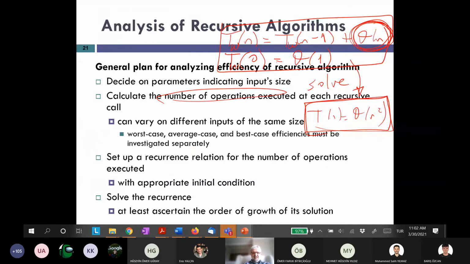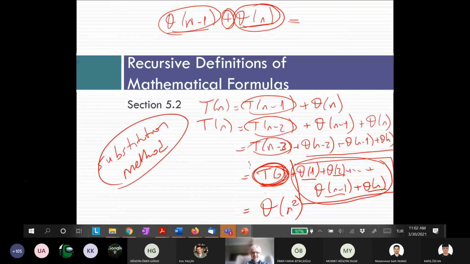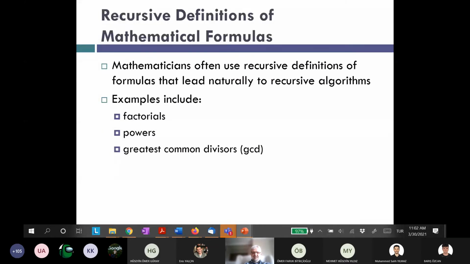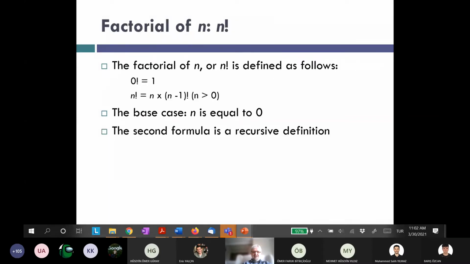Okay, these are simple examples. Let's go over a little more. These are what you probably know from other courses, how to calculate factorial, powers, and greatest common divisor using recurrence relations or recursive methods.